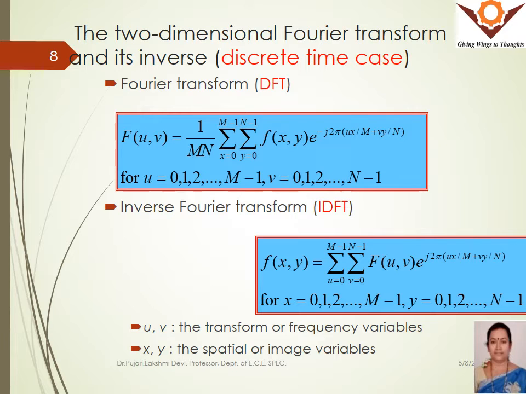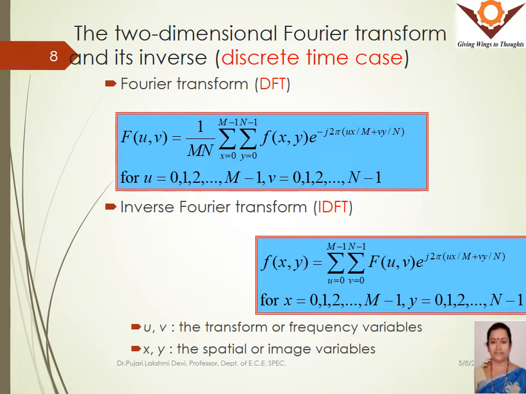Suppose the dimensions of a two-dimensional function, an image, are m by n, then we have a multiplication factor of 1 by mn for this discrete Fourier transform: f of uv equals 1 by mn double sigma of x equals 0 to m minus 1 and y equals 0 to n minus 1 f of xy exponential of minus j 2 pi ux by m plus vy by n, for u equals 0, 1, 2 and so on up to m minus 1 and v equals 0, 1, 2 and so on up to n minus 1.